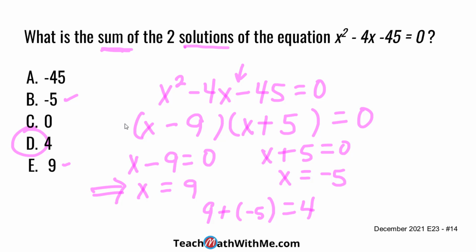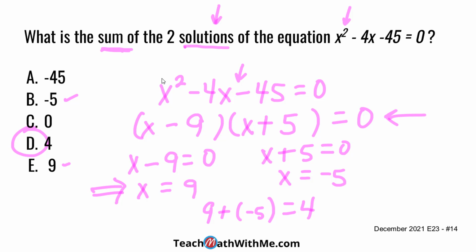Another thing to keep in mind, make sure that you understand that when we're asked to find the solution of this quadratic equation, and we call it quadratic because our highest power on this variable is a 2, what we're looking for is the factors, and we did that in this step where we set up the binomials.